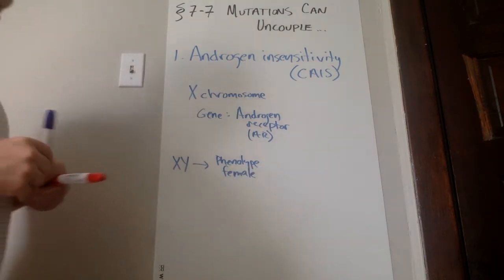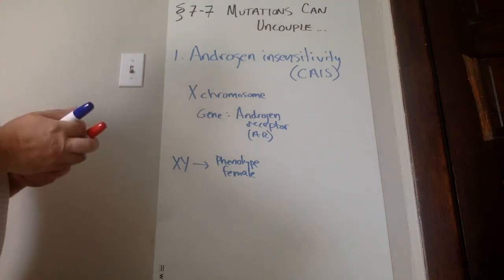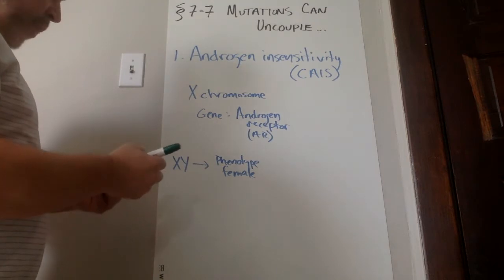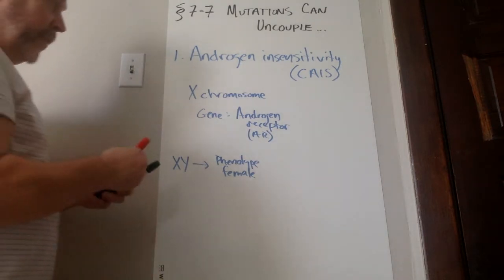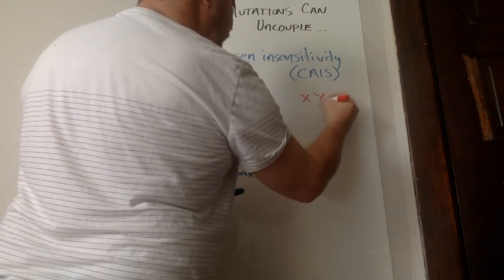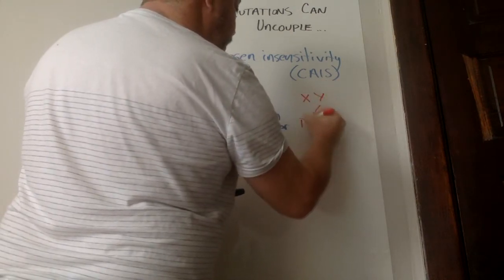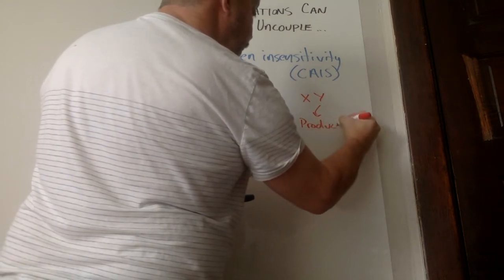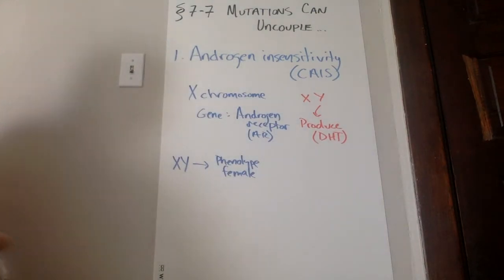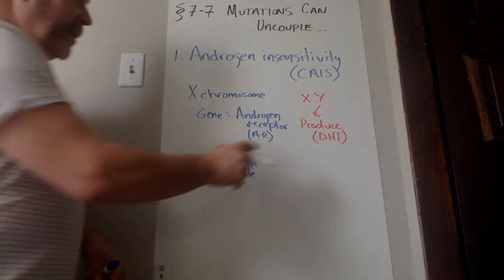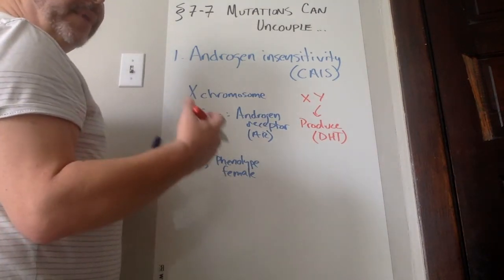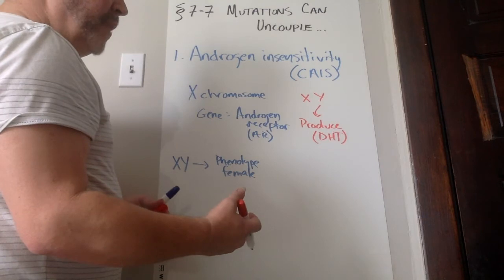So let's think about why this is happening. If you are XY, then you are going to produce DHT, dihydrotestosterone. Remember, it is the dihydrotestosterone that tells those folds in the genital region how to develop.